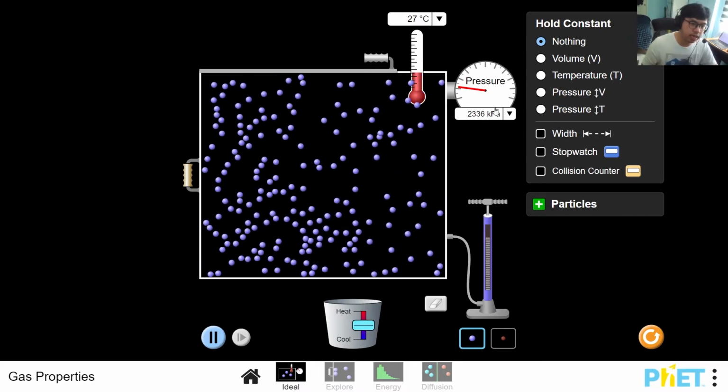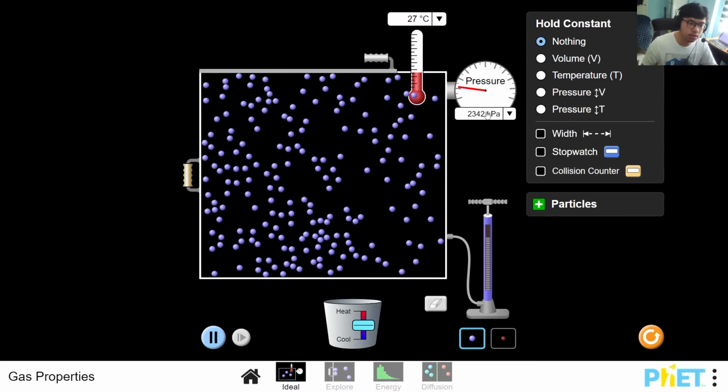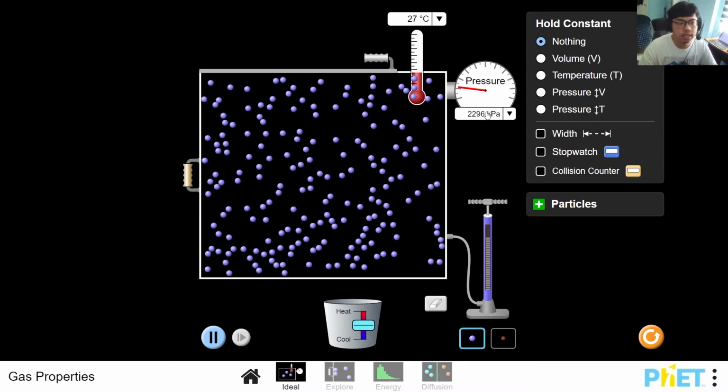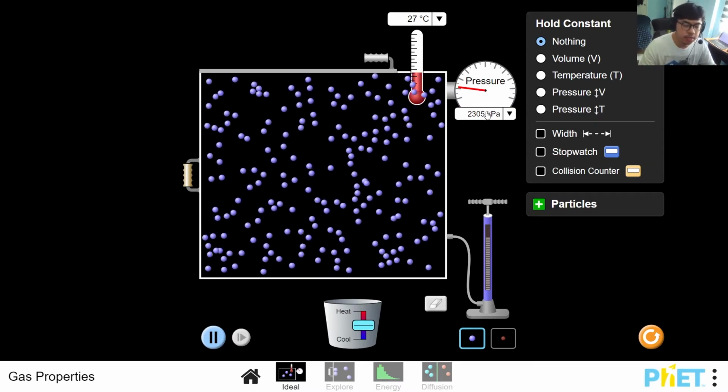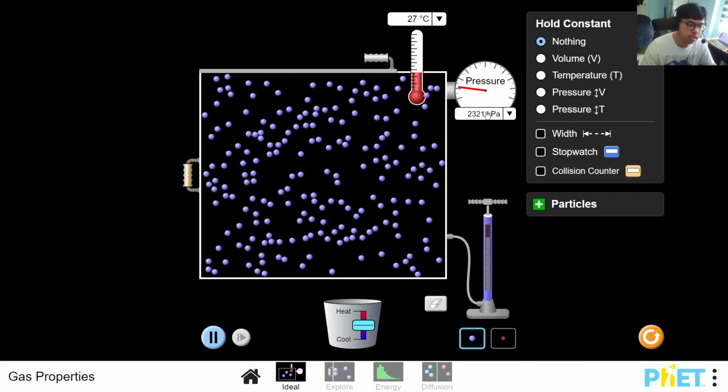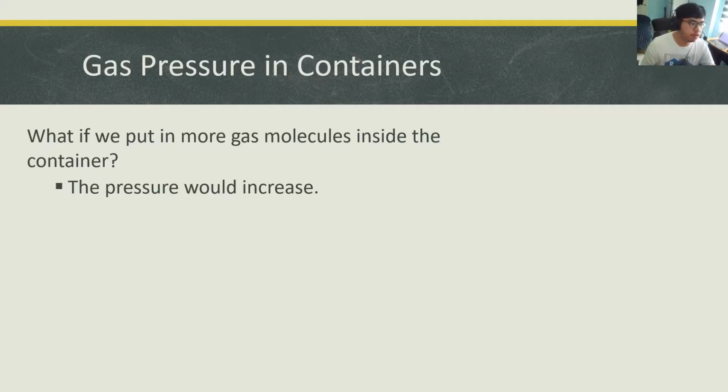You can see the gas pressure now increases to about 2,200 kilopascals. I doubled the amount of gas particles here, and the pressure is double as well. If you put more gas molecules inside the container, the pressure will increase.